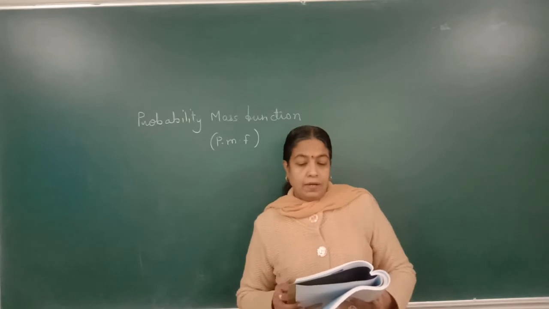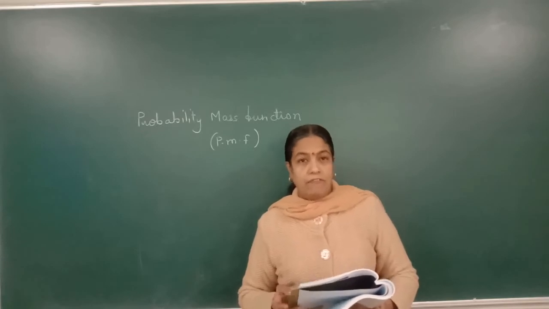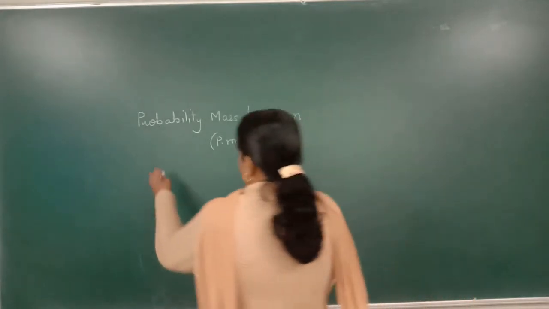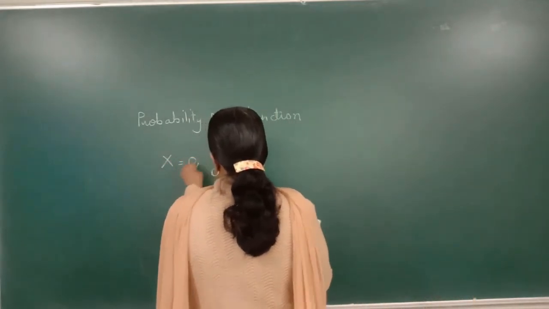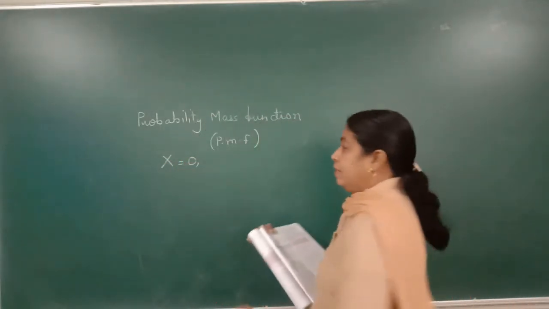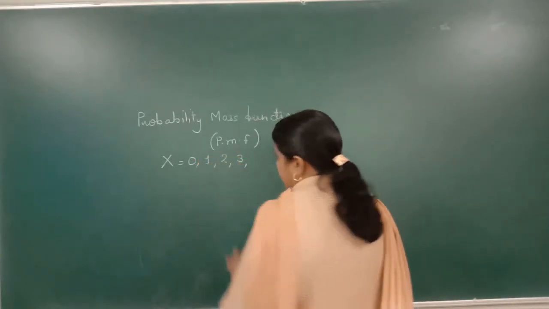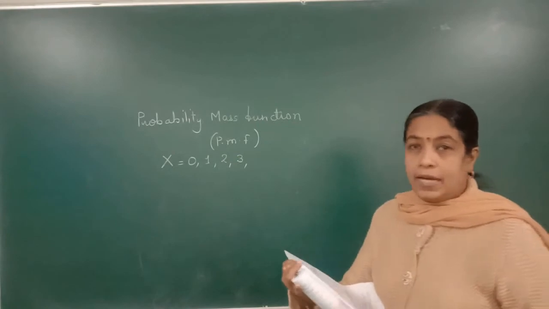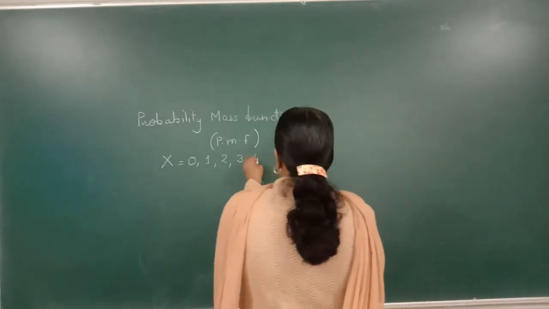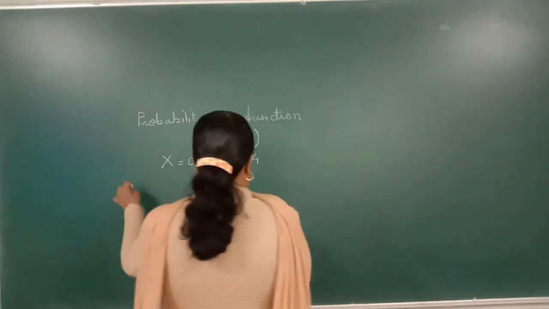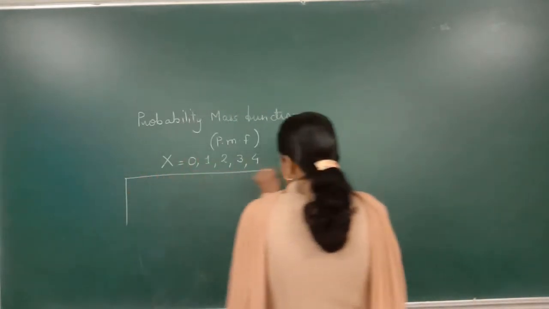Now, the possible values of x. Since there are 4 tosses, there may be no head at all, or 1 head, or 2 heads, 3 heads, or all 4 heads. Now the probabilities are given like this.